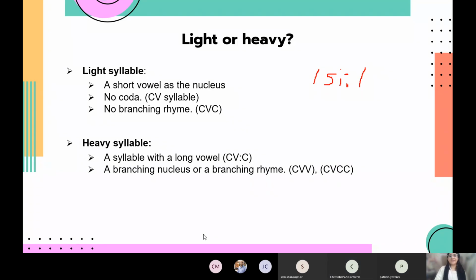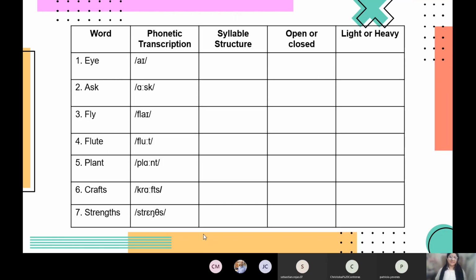If you have any questions, just ask them, because now we're going to have an activity to practice this a little bit more. I am going to do the first example. I am going to take number one as an example, and I'm going to do this with you, and you have to complete the other ones.